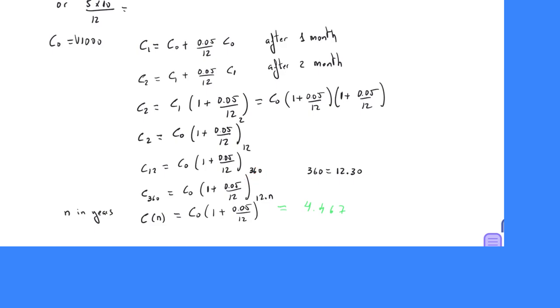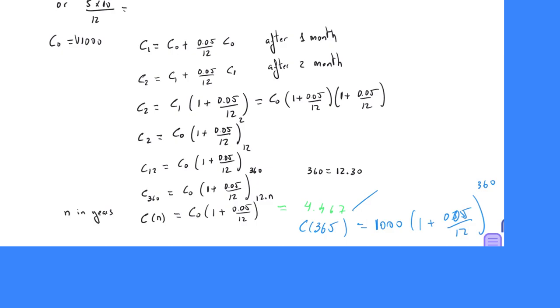So C after 360 months will be $1,000 times 1 plus 0.05 divided by 12, raised to 360. And this, if you go to your calculator, will be around $4,467.